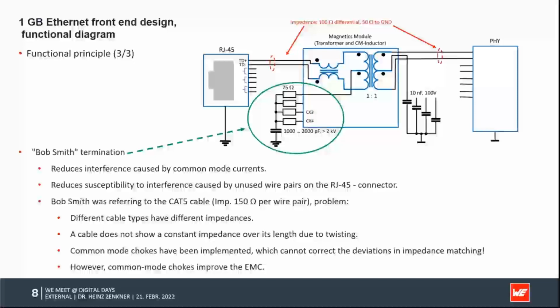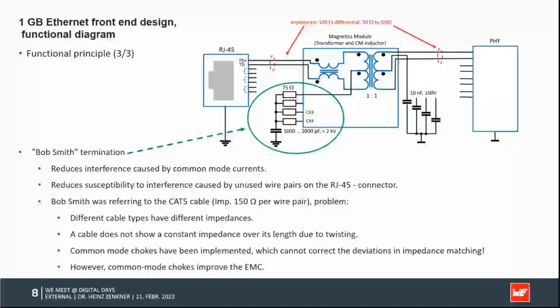Depending on how precisely they are twisted and how close they are to each other, they create an imbalance to each other, and this eventually causes radiation and also mismatching towards the transformer and the impedance matching of the Bob-Smith termination. So depending on the quality and the impedance stability over the length, there will be a mismatch, which is very difficult to reduce with this kind of circuit design.